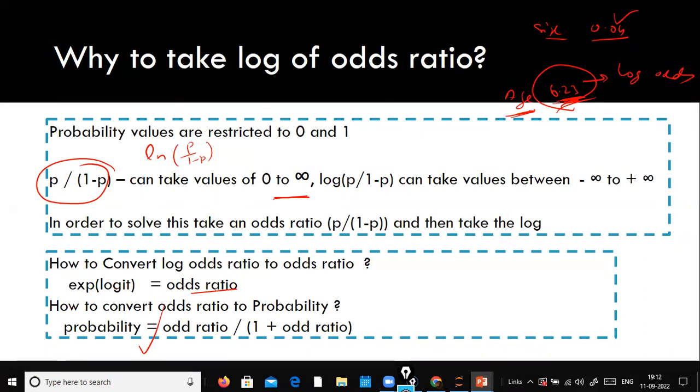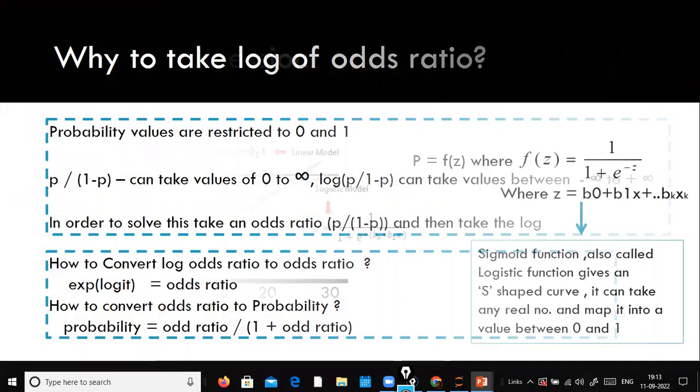This is very important. If you know this one, in the interview they'll ask you, why should we take the natural log on the odds? The reason is the odds will take values between 0 to infinity only. When you take the log of your odds ratio, it will take values anywhere between minus infinity and plus infinity.